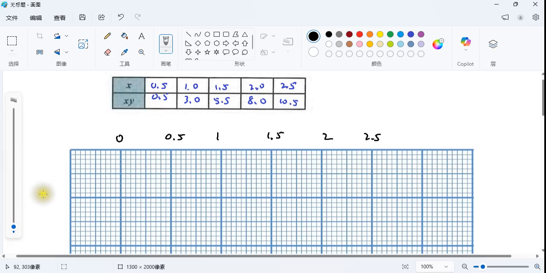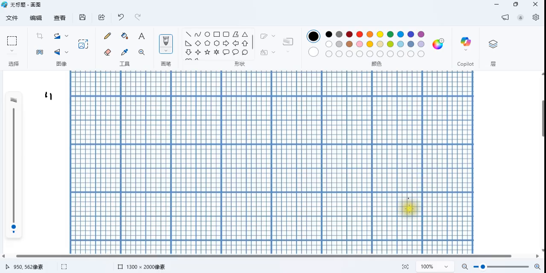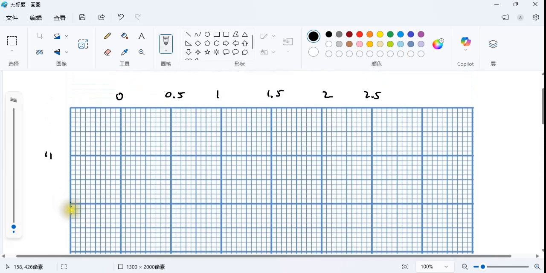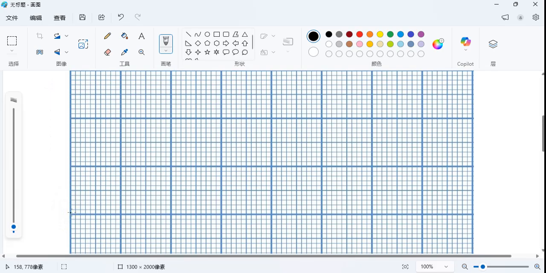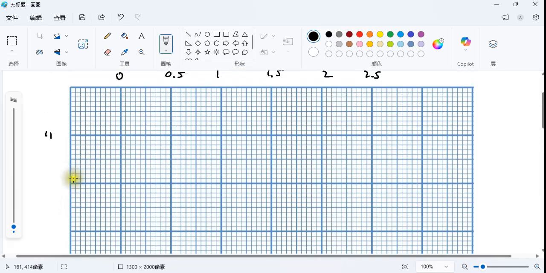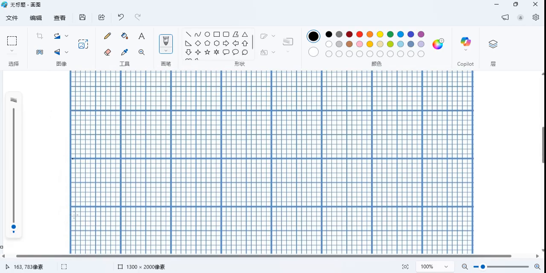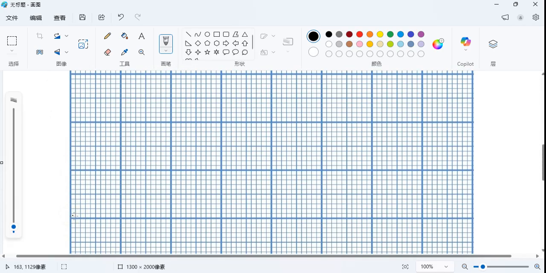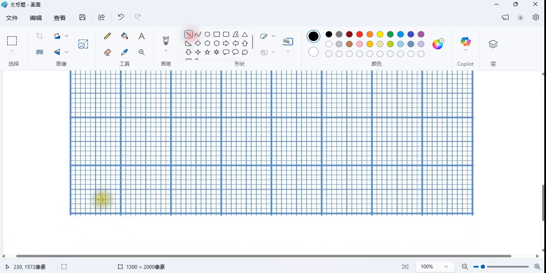And then for the other axis, we can have 11, 10, 9, 8, 7, 6, 5, 4, 3, 2, 1, 0. Yeah, so we have a 0 here.